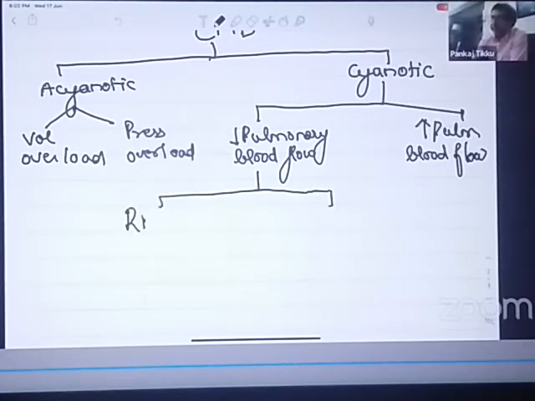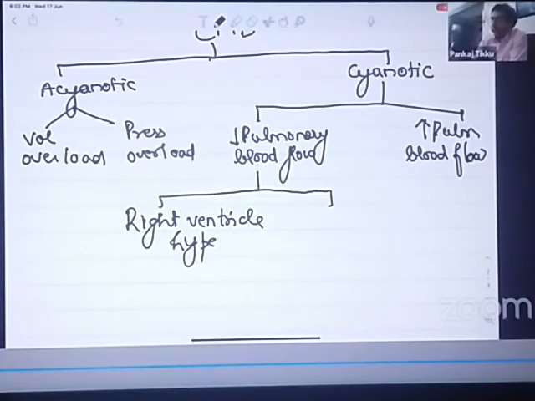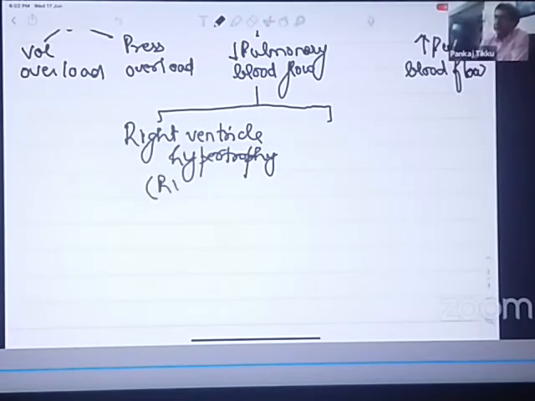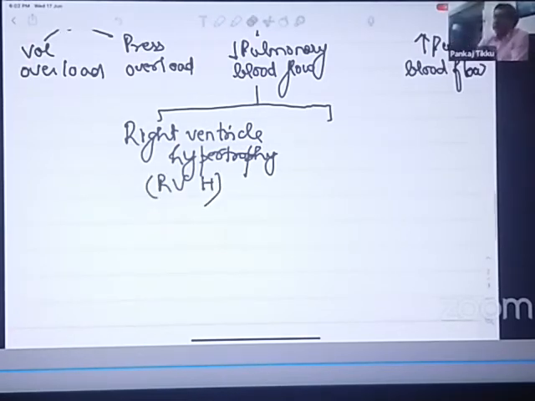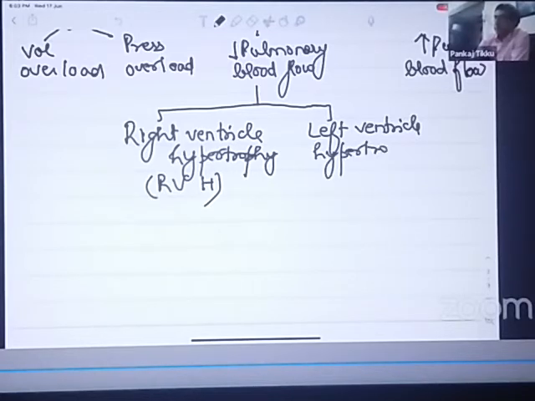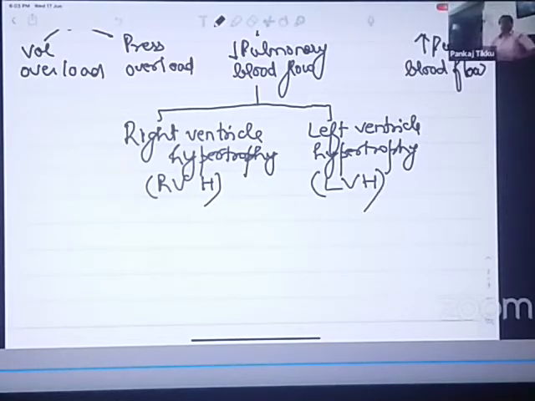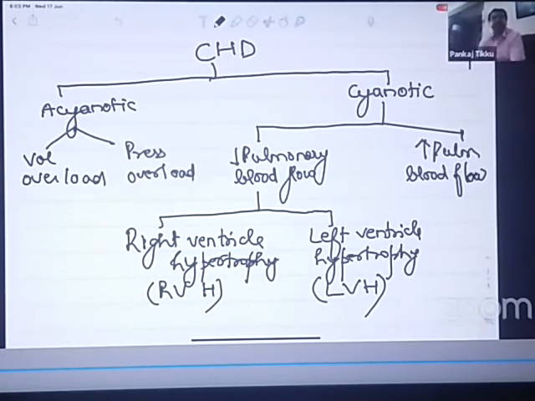Those associated with right ventricle hypertrophy, in short RVH, and those which are associated with left ventricle hypertrophy, in short LVH.